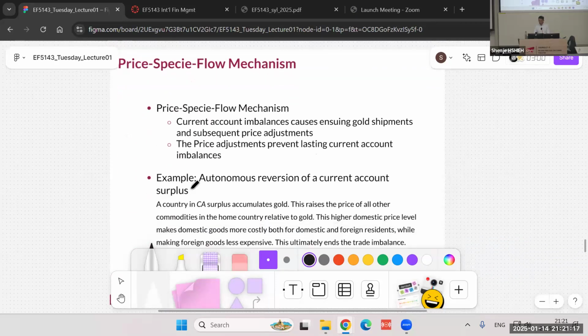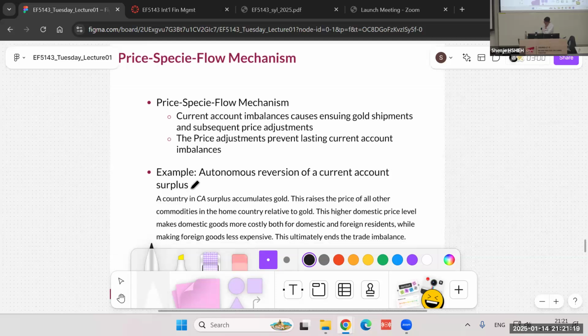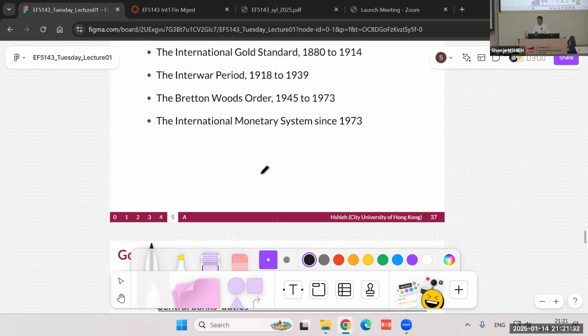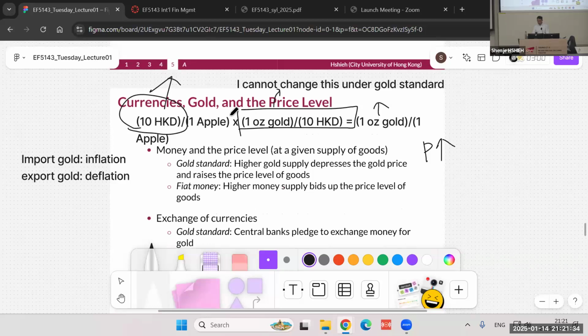Now, let me talk about why it is self-sustaining. So in the case in which there is inflation. In our example with apples, if we have an export, an increase in apple sales abroad, then the change in the current account is going to be positive, right?